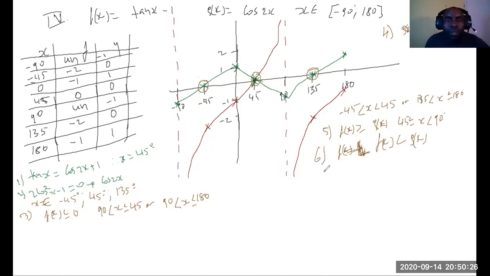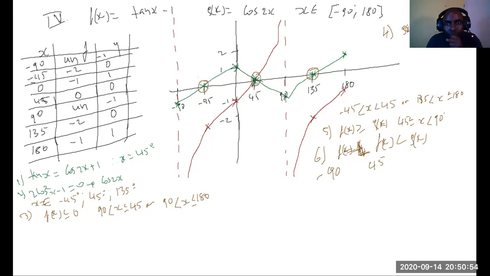So there we have 90 and 45, minus 90 and 45 degrees. So at this point, it is within this region wherever the graph is below.